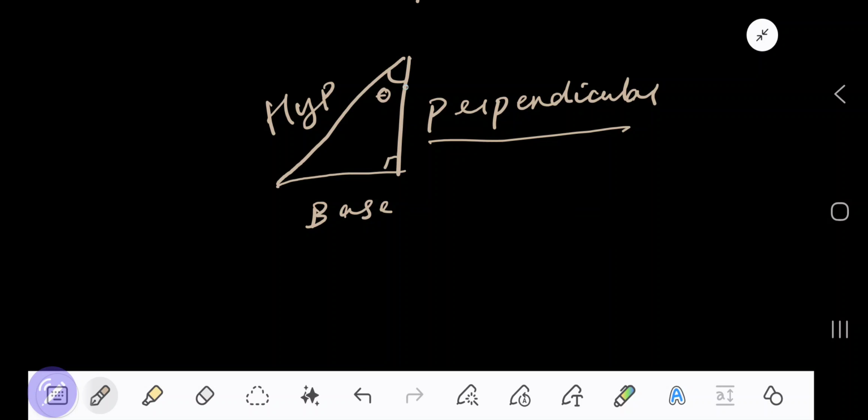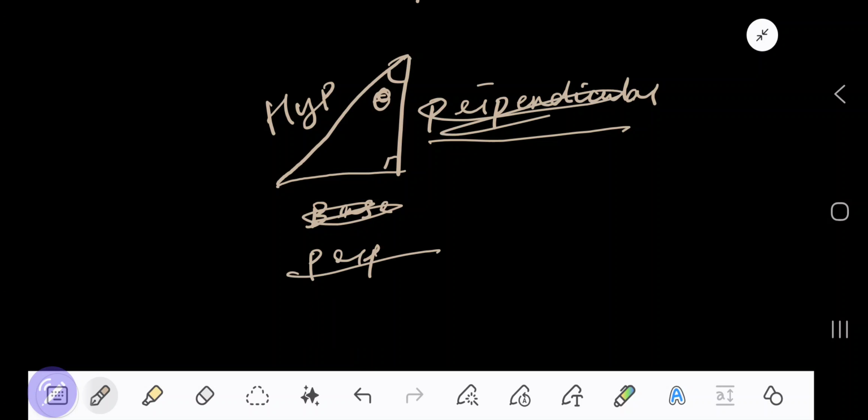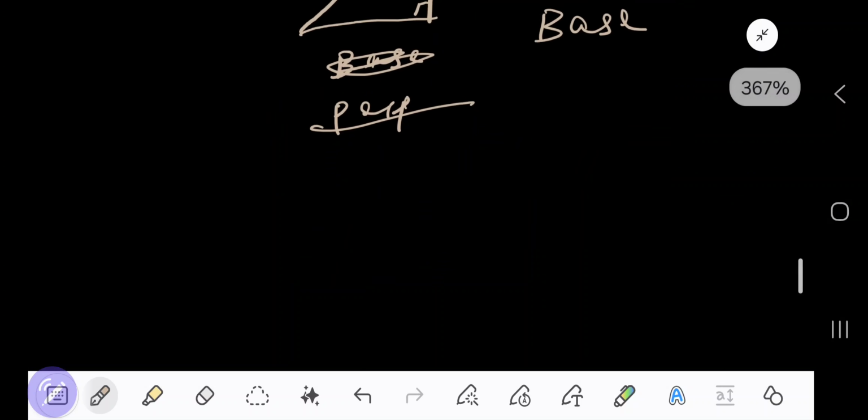If theta was there, then this base would turn into perpendicular and this perpendicular would turn into base. That's how it works. Okay, so I told you the first trigonometrical ratio, sine theta.